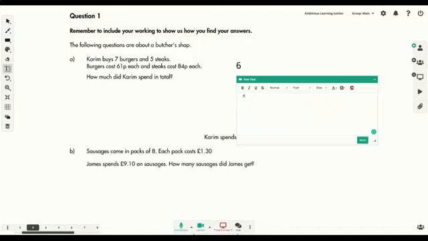We just do it. 61 multiplied by 7 gives me 427. That's the burgers, but that's not enough. You need to know the steaks.